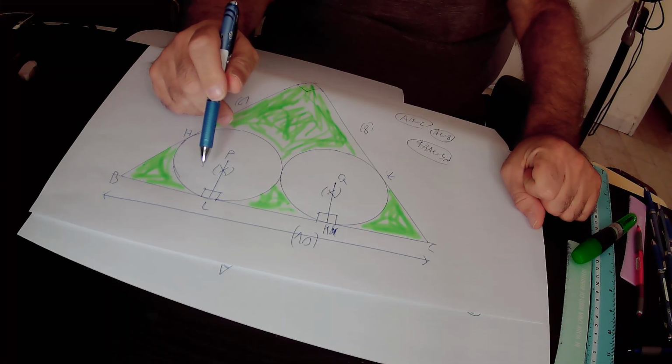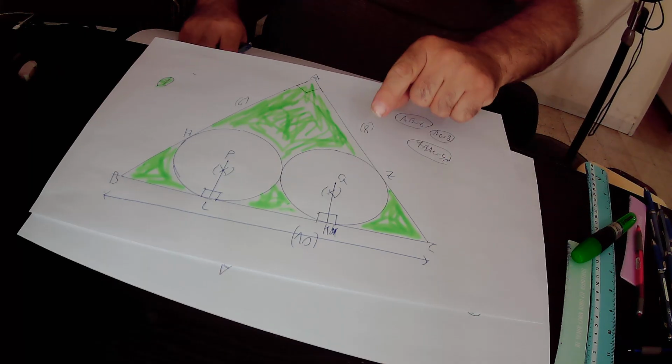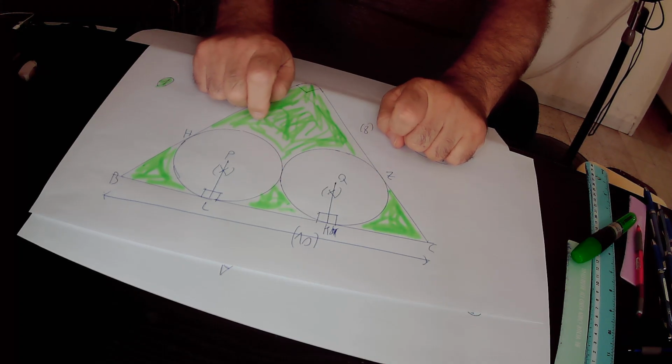In the next step, those two circles touch each other externally at this point. Whenever you have two circles touching externally, you can implement rule 10.